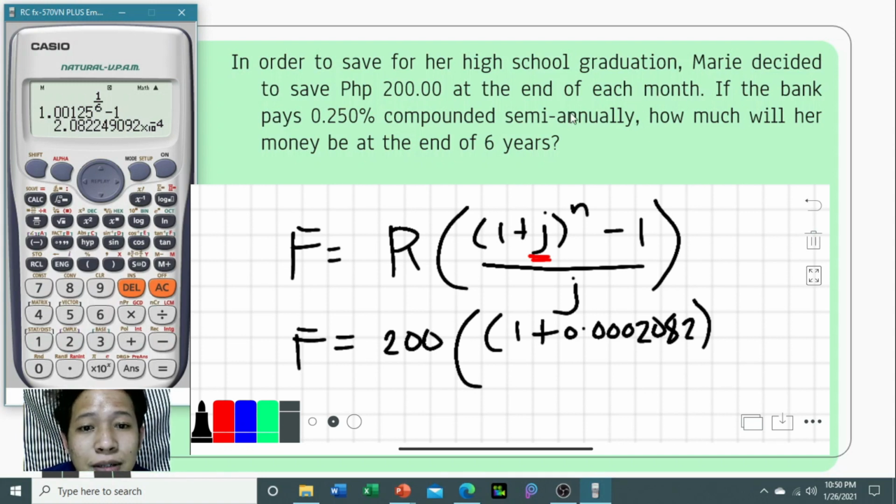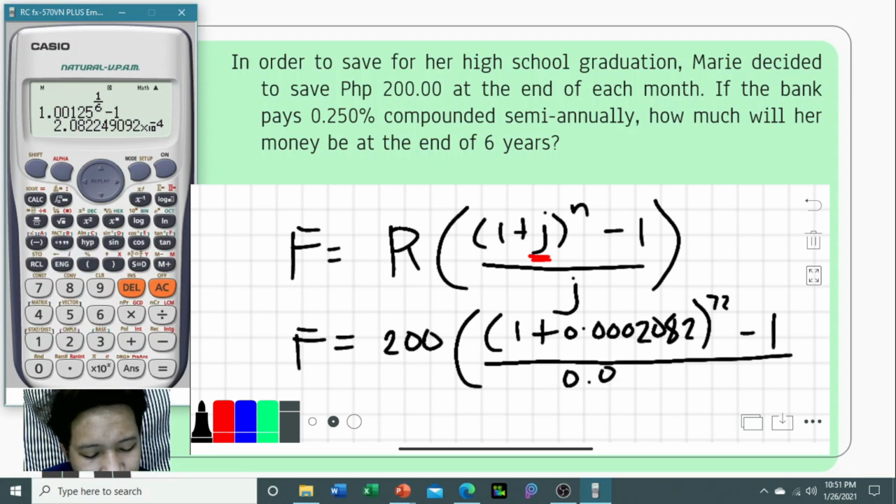So monthly po. So kung 6 years po yung time, at each month siya magbabayad, so we have here 6 times 12. Dahil meron tayong 12 months in a year, so 6 times 12, that is 72. So we have minus 1 over the value of J is again 0.002082.